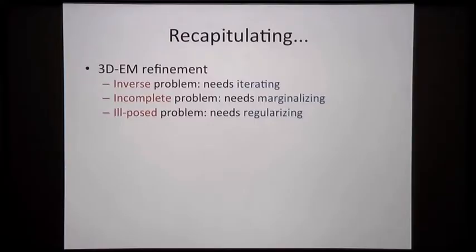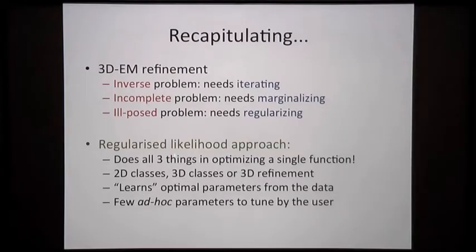And because of the ill-posed nature of the problem, we need this regularization, which, rather than doing all kinds of ad hoc approaches of filtering and so on, we can actually learn by optimizing this regularized likelihood function. So this does all three things in a single function. So rather than having a box of different programs doing each step, there is just one function to be optimized in one program.